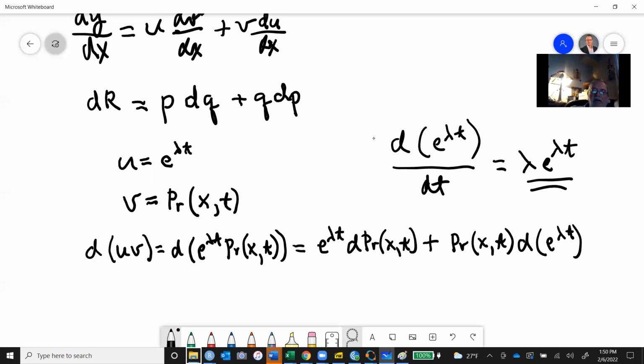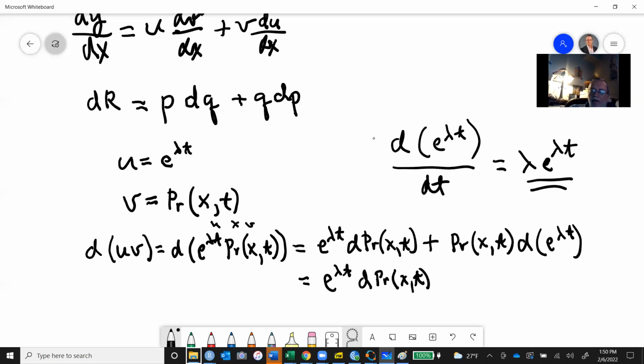And so this total derivative of this product of u and v equals e to the lambda t times the change in this probability.